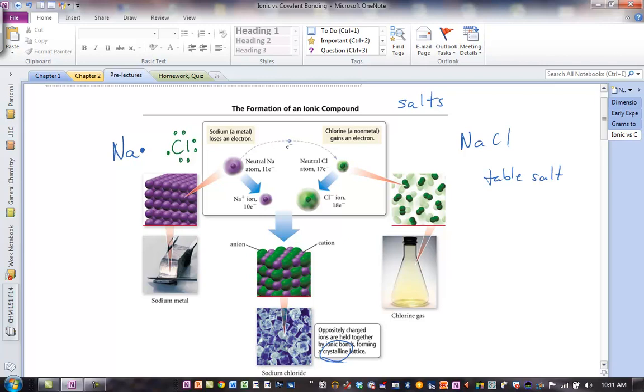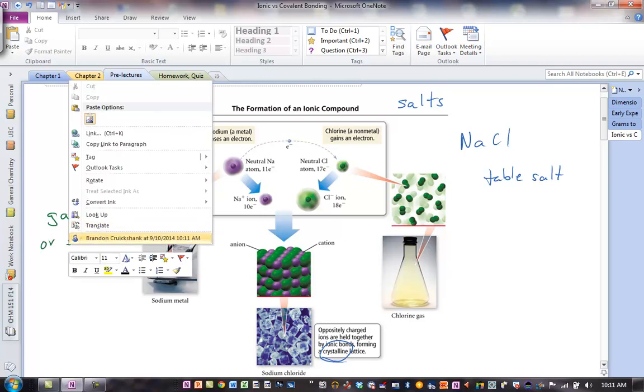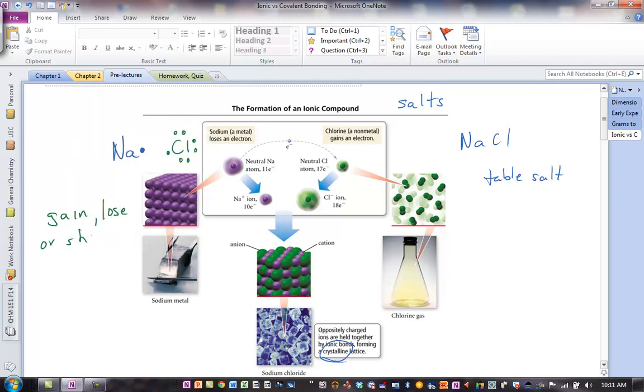All right? And what we're going to find as we go on in this course is atoms will tend to gain, lose, or share electrons to achieve an octet of electrons, 8 electrons. So atoms will gain, lose, or share electrons.